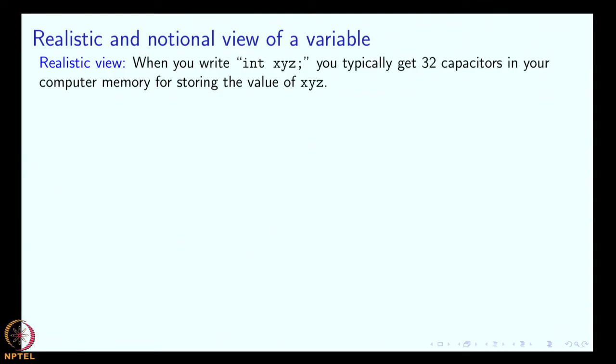These days saying you always get 32 capacitors is not wrong, because your computer memory does consist of capacitors almost entirely. But you can play it safe and say that it could be slightly different once in a while. But this is actually what happens: xyz becomes the name that you give to a portion of your memory, and int is typically 32 bits long, and so you get 32 capacitors.